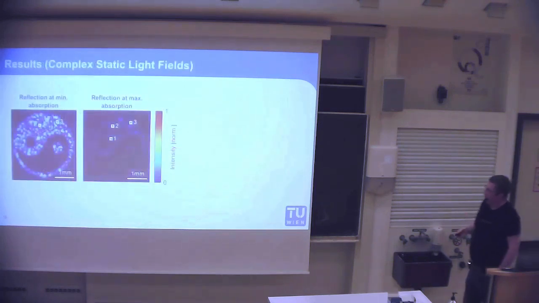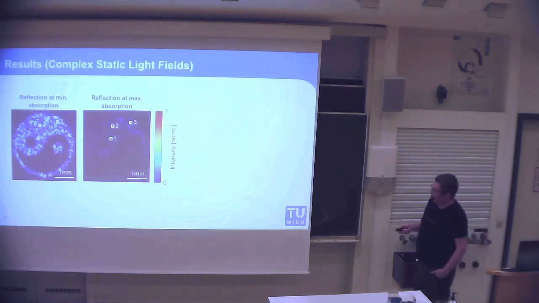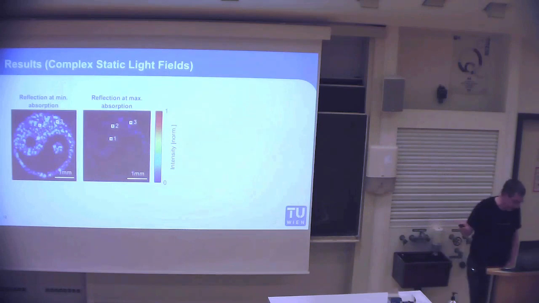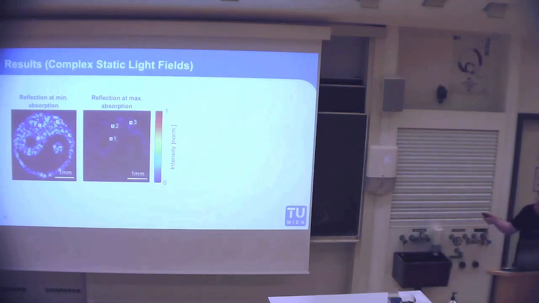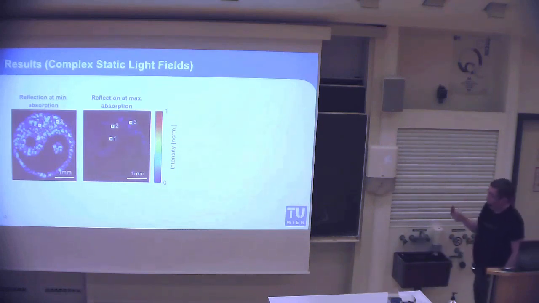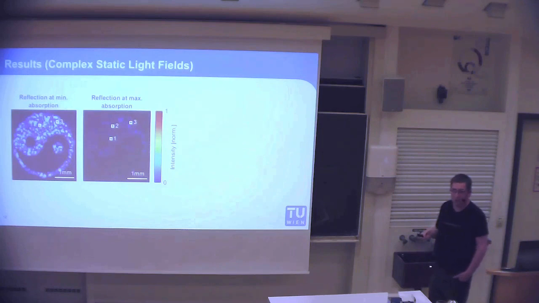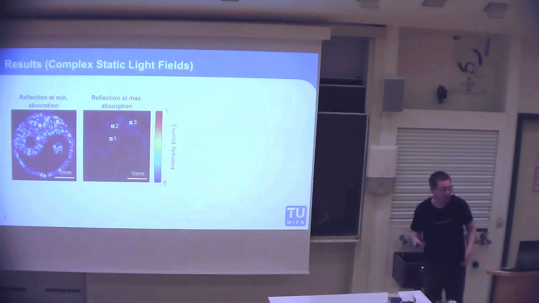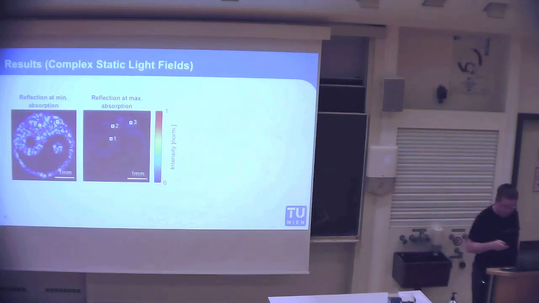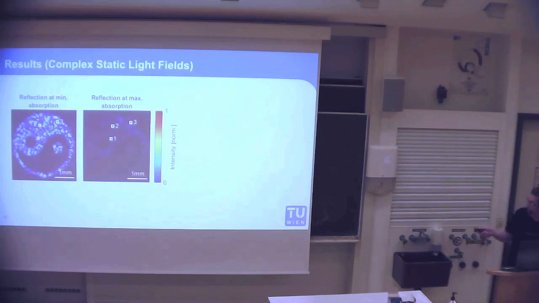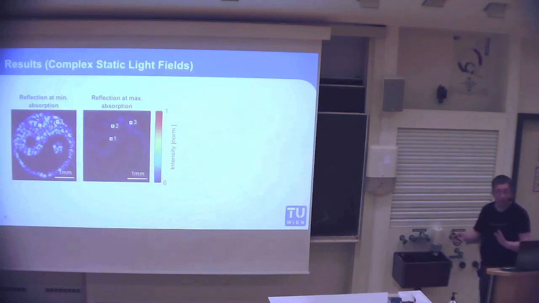And this is the result of these experiments. On the left side, you see one of the used complex light fields. It's a random speckle field consisting of more than 1,000 modes with a yin-yang symbol superimposed on it, just to show it doesn't matter how the light field looks. If the cavity length is tuned for minimum absorption, then it gets almost perfectly reflected.